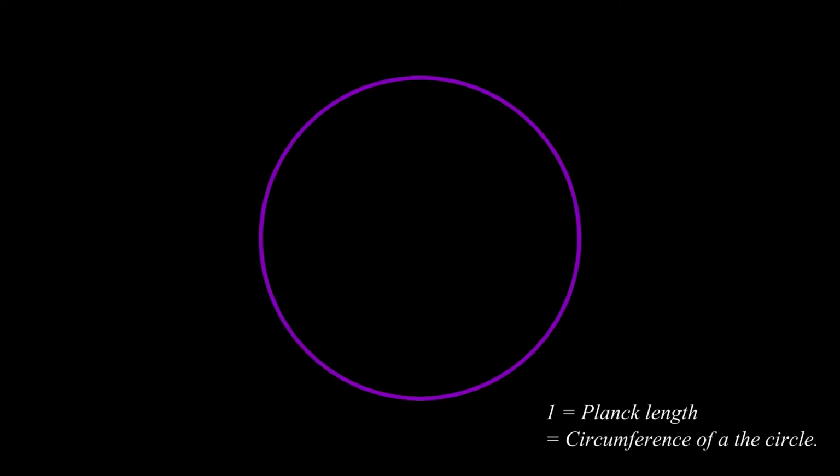So, in the slide you see now, illustrated is a circle. And always, in these examples, the circle being equal to the Planck length, measured by the circumference. So the Planck length being the circumference of a circle is required for these calculations to work.